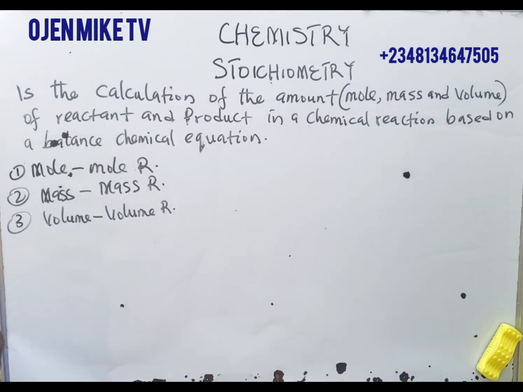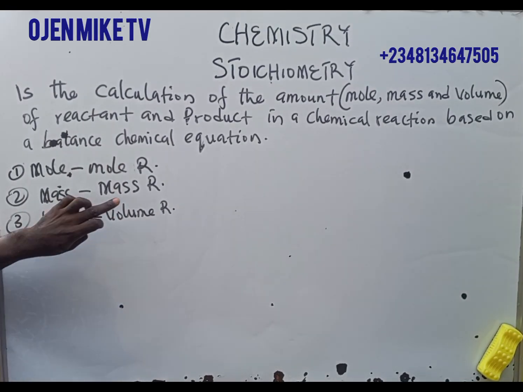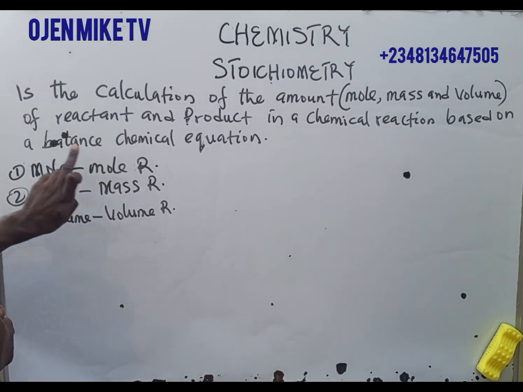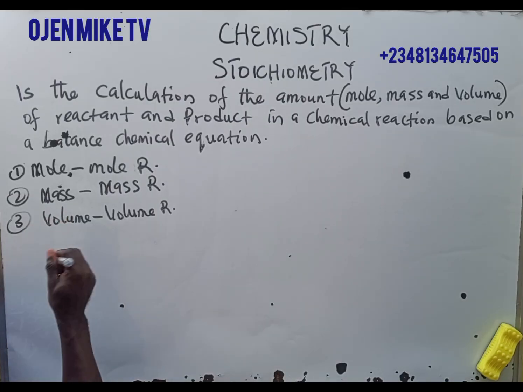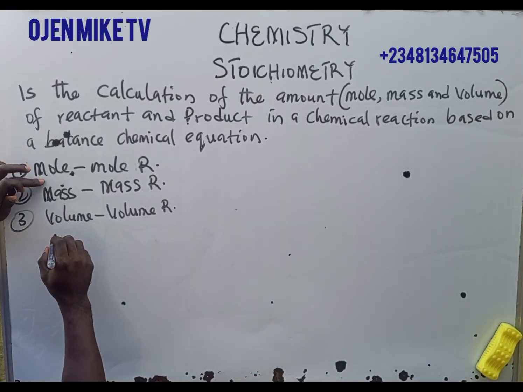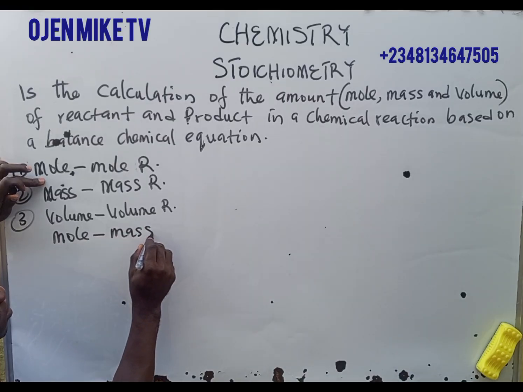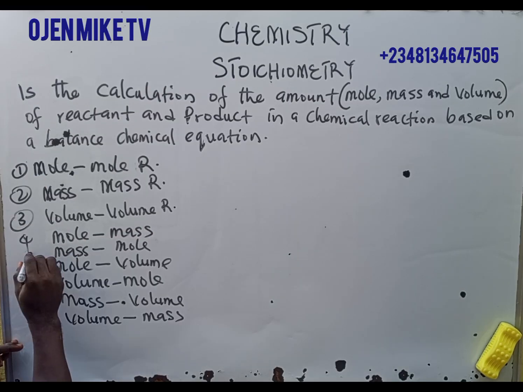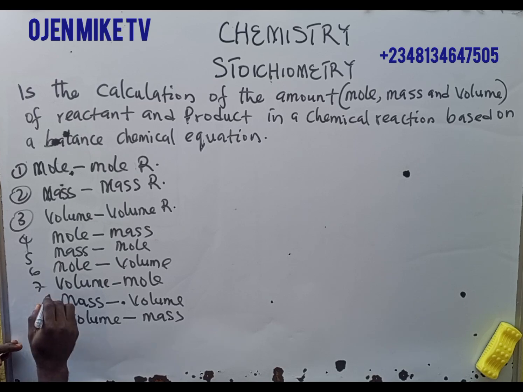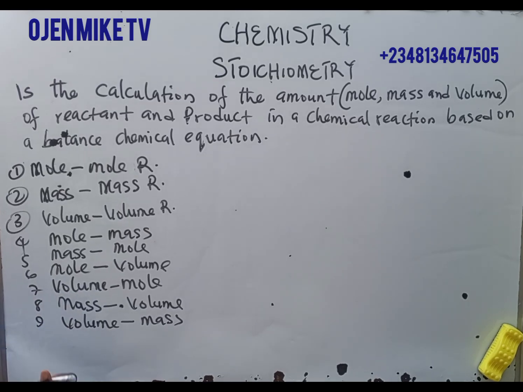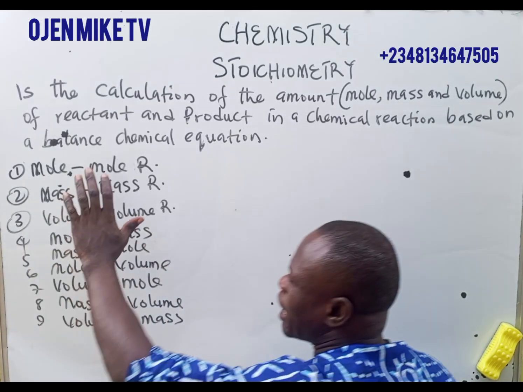These are the three major standards. Now we are going to connect these three into their various forms. Here we can have mole to mole, mole to mass, and so on, up to 9. These are the various ways you can find them.